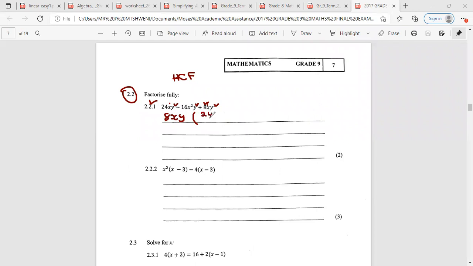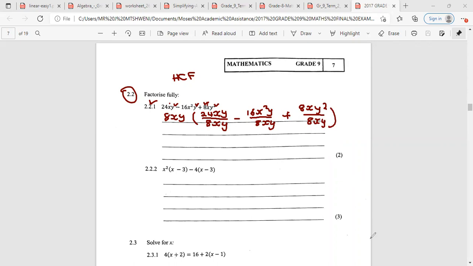You continue to write 24xy, then you divide it by the highest common factor that you took out, minus 16x squared y divided by 8xy, plus 8xy squared divided by 8xy. Then you close the brackets.